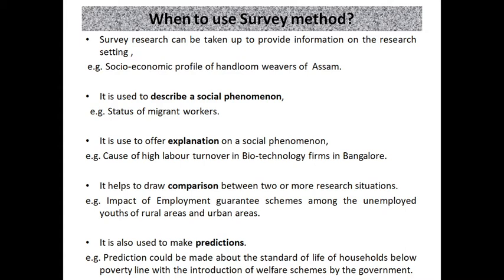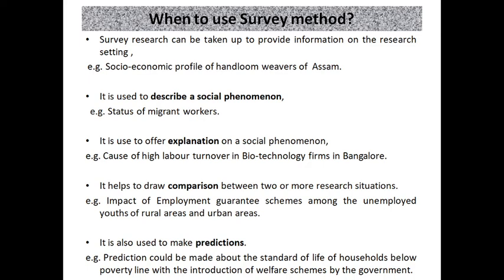For example, if the researcher is going to research high labor turnover in biotechnology firms and the geographic area is Bangalore, or it may be any other area also, then the researcher may undertake survey method for collecting data, and through those data the researcher can find out the cause of high labor turnover in biotechnology firms in Bangalore.